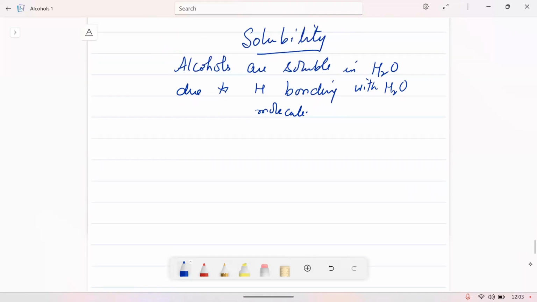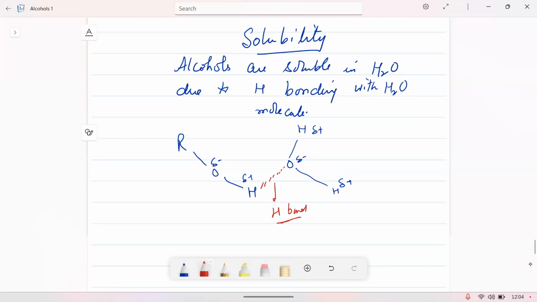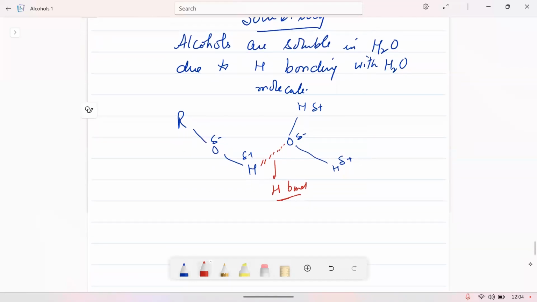If you want to show it, let us say this is any alcohol like this. This will be partially negative, this is partially positive, and then you have the water molecule. The water molecule is also partially positive here, and this is negative. So this will have a hydrogen bond over here, and a hydrogen bond over here. I hope it is clear. So alcohols dissolve in water.